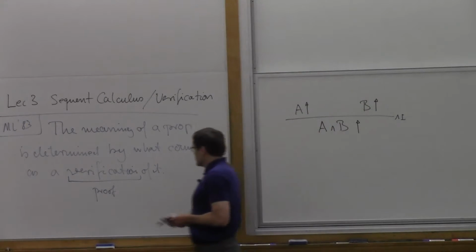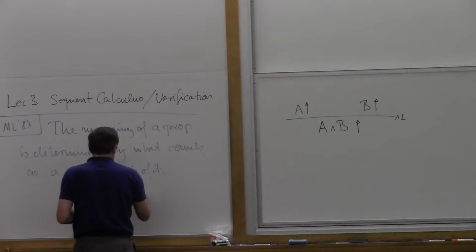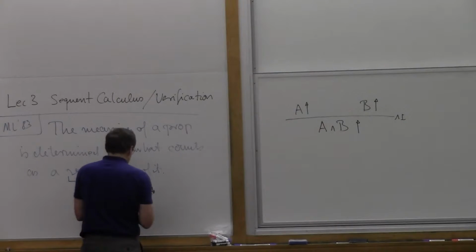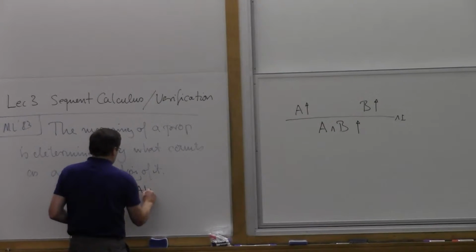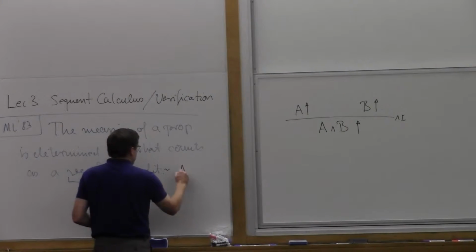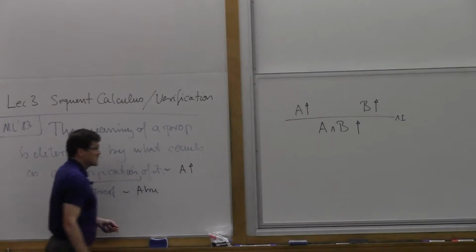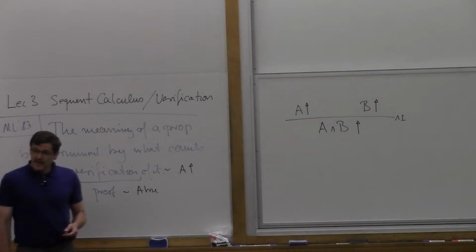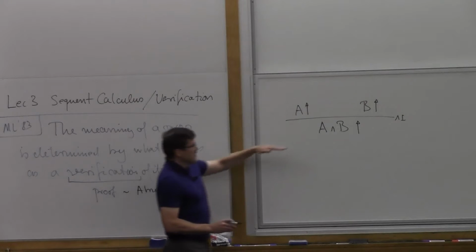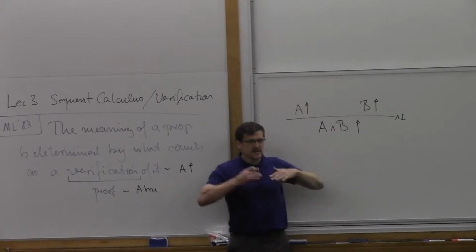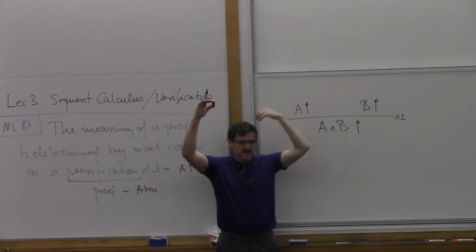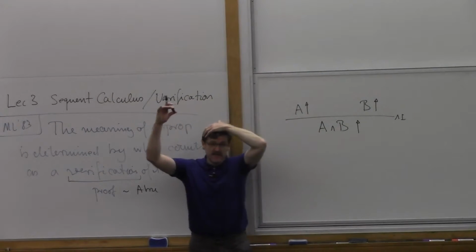Previously, the proof is connected to the notion of truth: A is true. And here I'm going to write A has a verification. I'm writing an up arrow because I'm thinking about the introduction rules being used from the conclusion to construct the proof of that. So I'm working my way upwards as I'm constructing proofs. Makes sense?